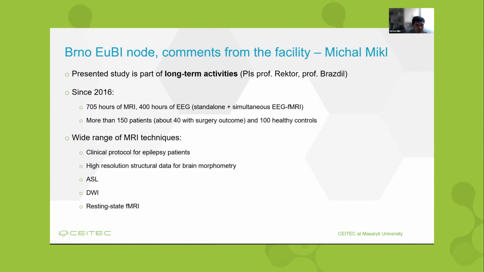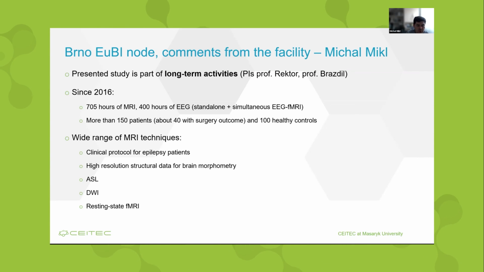So here, Martin presented arterial spin labeling as a method of perfusion, but in this project, a wide range of MRI techniques was used, also some clinical part of the protocol for epilepsy patients, then high resolution structural data for brain morphometry, both T1 and T2 weighted, diffusion weighted imaging, resting state fMRI, and other measurements.